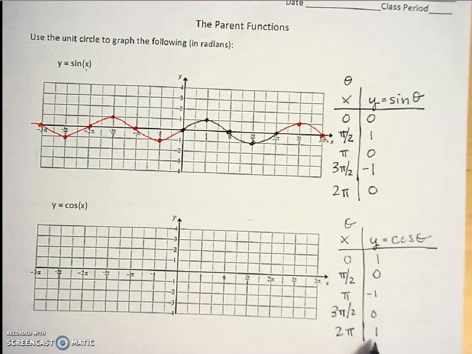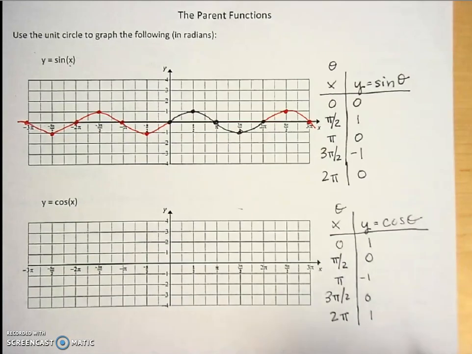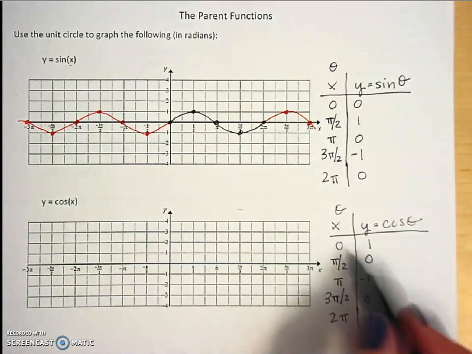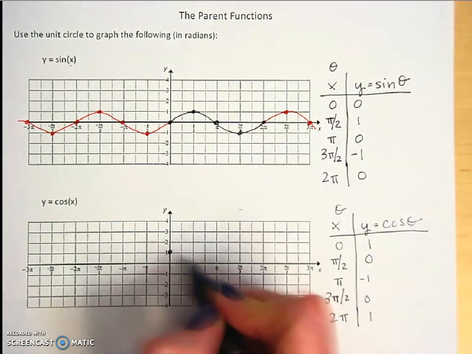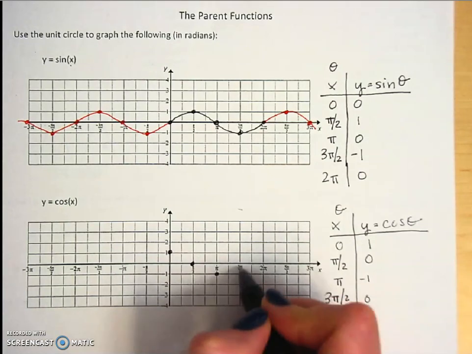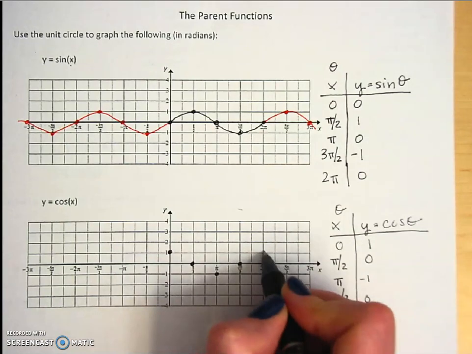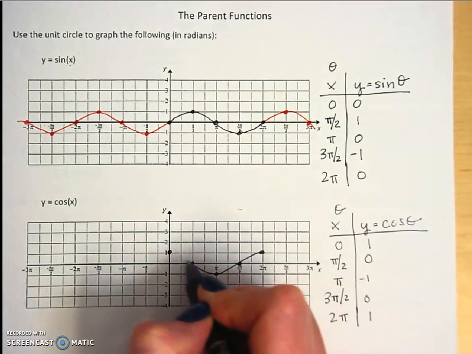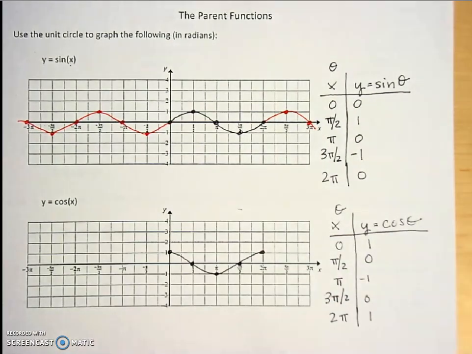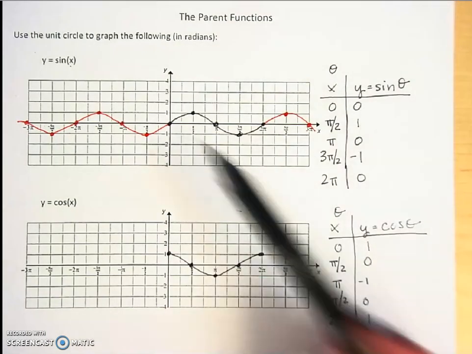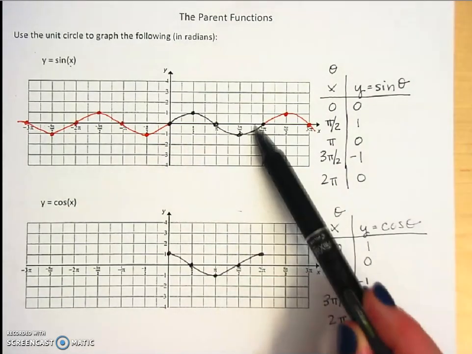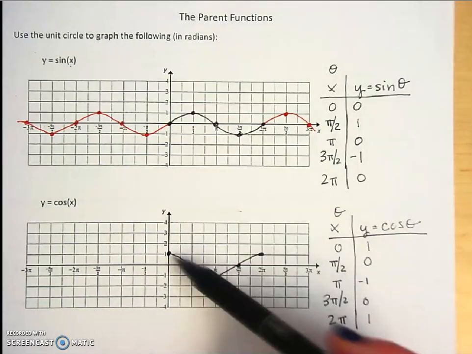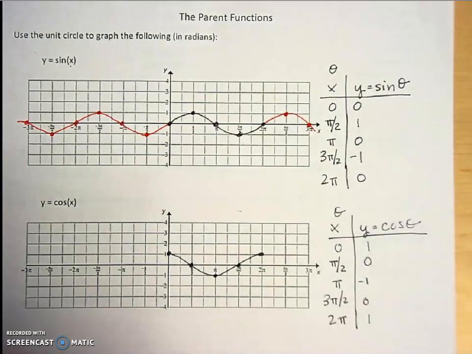All right, so we have these values. I'm going to graph one cycle of those in black. So 0, 1, pi over 2, 0, pi, negative 1. So notice the different shapes in the sine period or cycle and the cosine one.